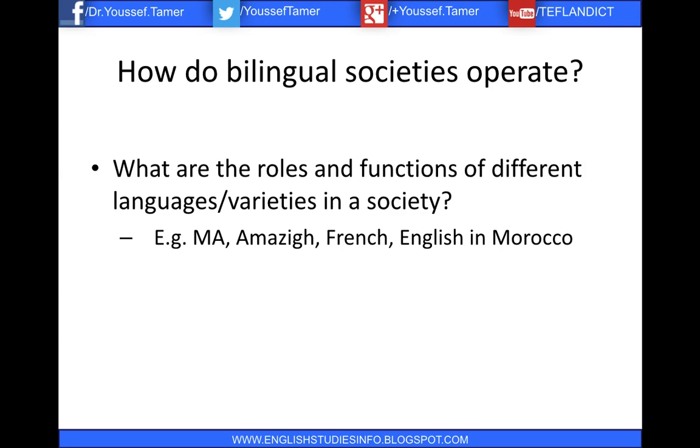What are the roles and functions of different language varieties in a society? Moroccan Arabic, Amazigh, French, English in Morocco. How are these languages used in Morocco? Who speaks what language, to whom, when, and where? That's what sociolinguistics tries to investigate among all these languages used in Morocco.